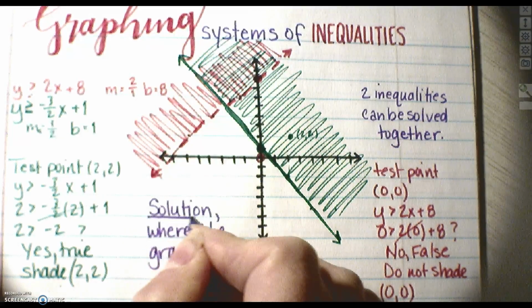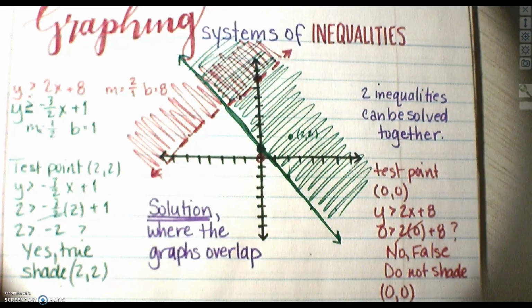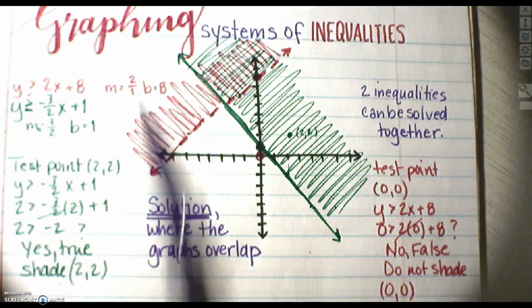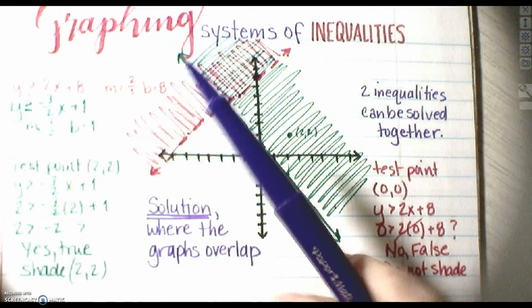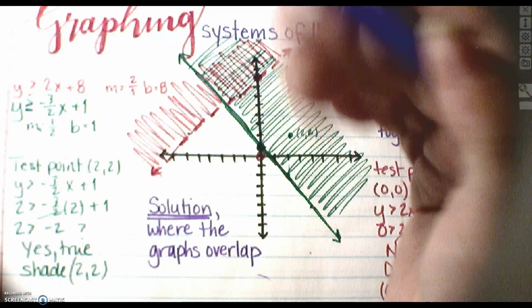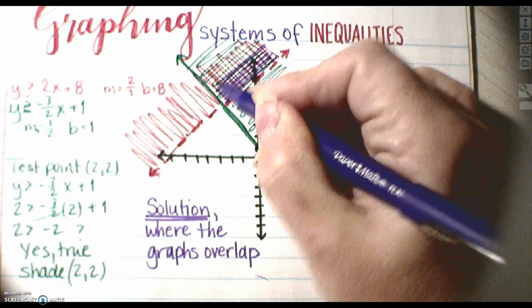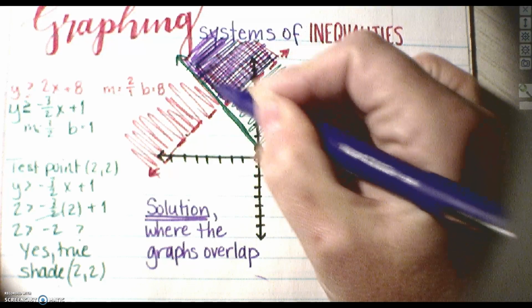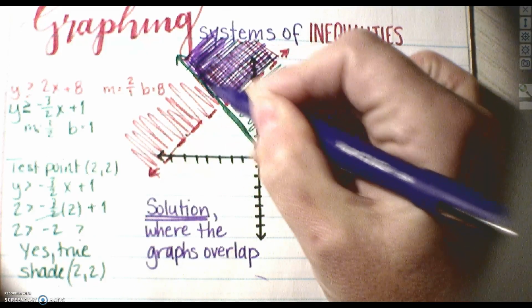So that's where our solution is going to be, is where the graphs overlap. Everything shaded from here up was the first equation we graphed. Everything shaded from here up is the second equation we graphed. So the solution is going to be the part that has both red and green. So my solution is actually going to be everything here. Okay.